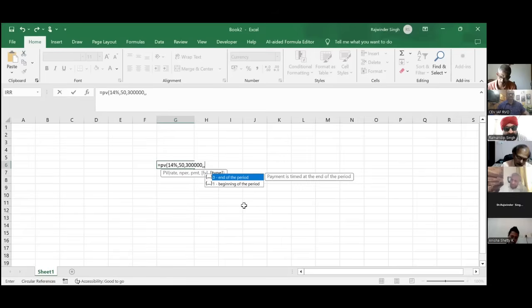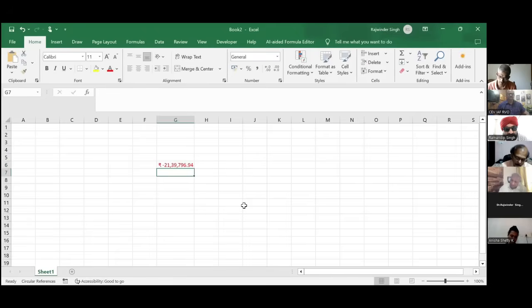So simply press 0, bracket close, press enter. You get almost the similar value, 21,39,786.